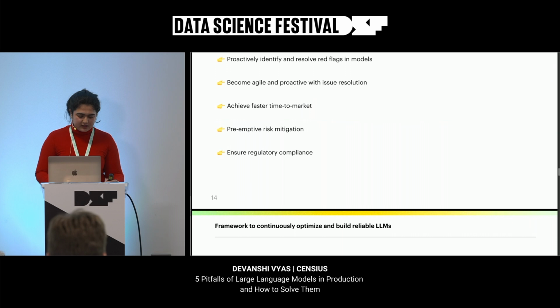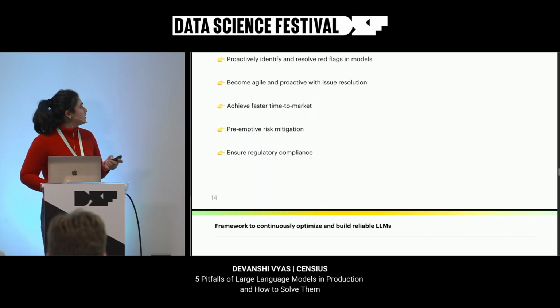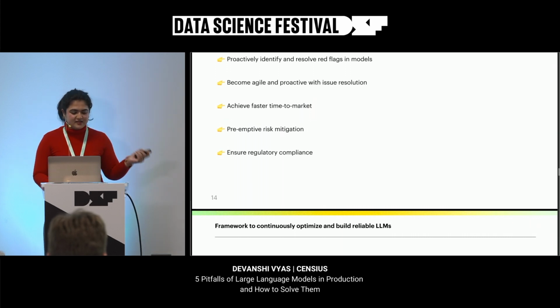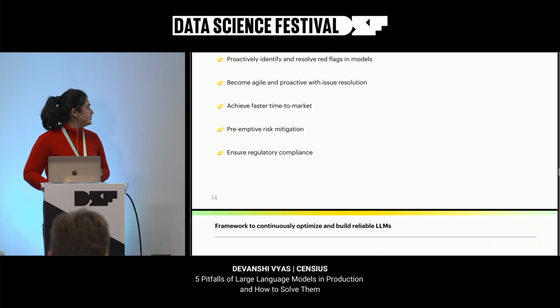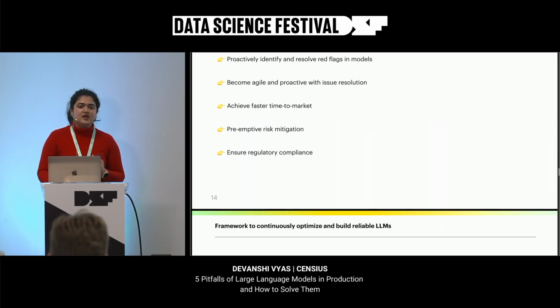And we need to make sure that we can get from test to market faster. We can build this pipeline and mitigate risk, and also ensure any compliance, especially now we know that governments are also pretty interested in trying to understand how they can ensure that these models are compliant. And there are going to be more rules governing them, so we want to make sure that any new use cases we set up are compliant.